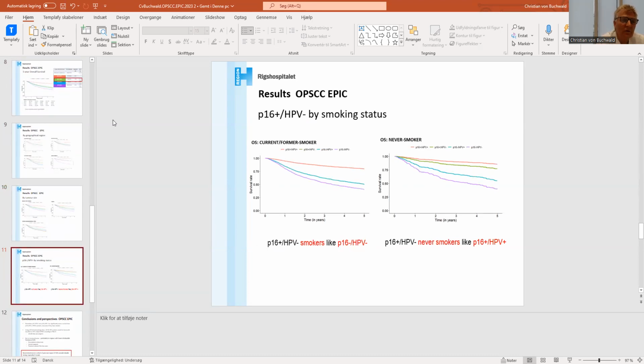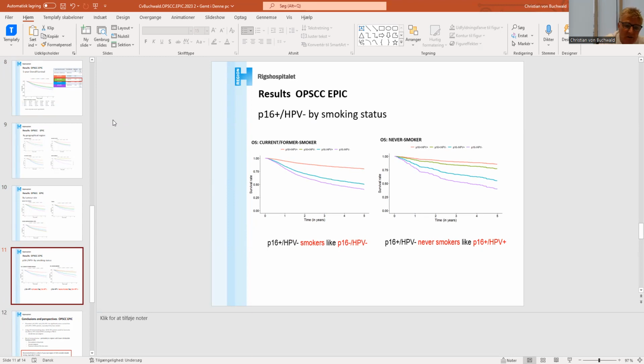But we also want to look at the importance of smoking. And it's quite interesting to see here that when the cohort represents P16 positive and HPV negative current smokers, they have the same outcome as in the case of P16 negative and HPV negative.